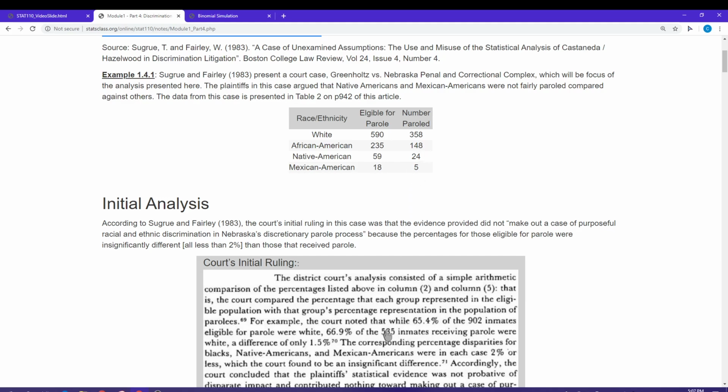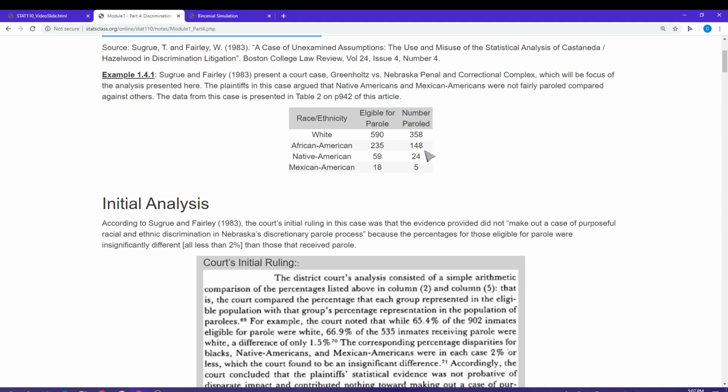Then they looked at the number of people that were actually paroled. They added up all these values and took 358 divided by that total, and they ended up with 66.9%.